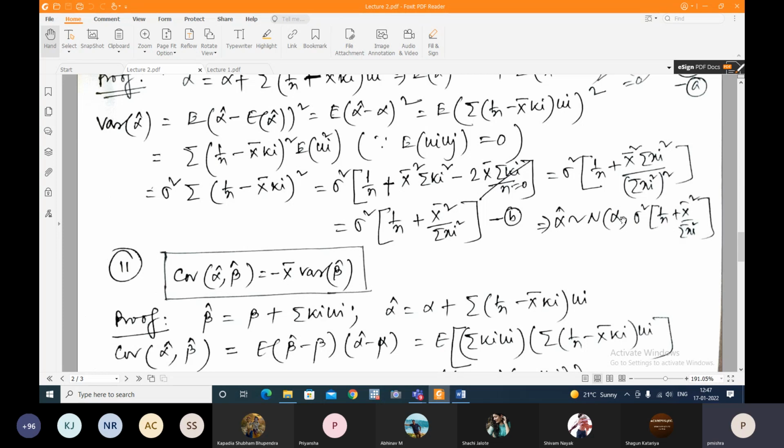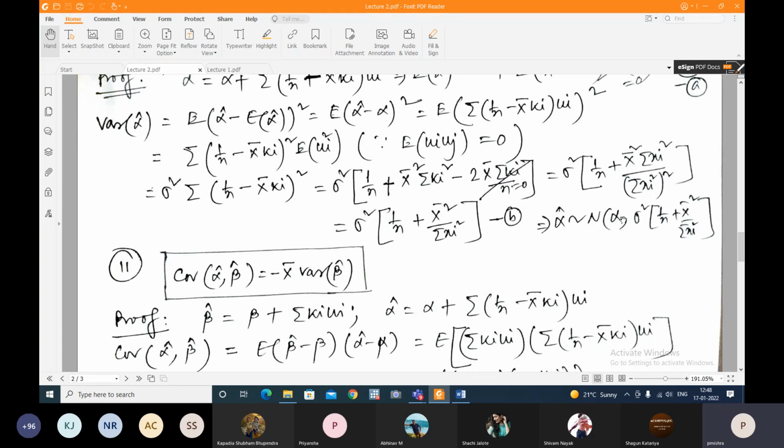But remember, in the method of OLS, we are going to estimate alpha in such a way that the sum of the squares of u hat i is minimum. So we are basically trying to minimize the deviations or errors in the process. This is point number one.